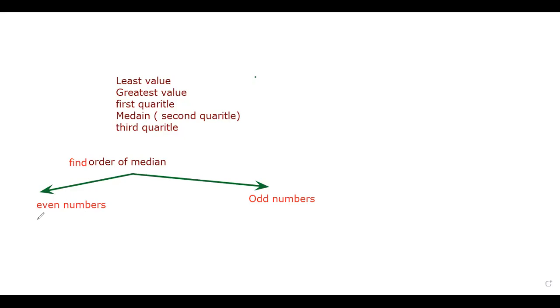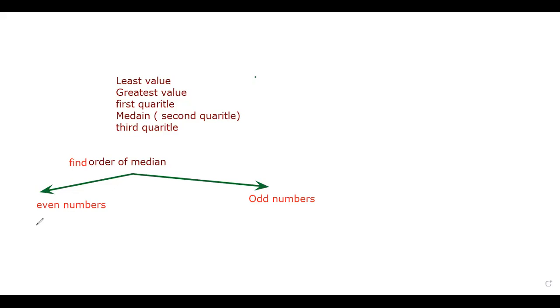Great. So if you want to calculate the order of the median numerically, directly, without canceling one from left and right, do you remember a rule which we said? We can denote the number of data by n. So if it's an even number, how will we find the order of median?